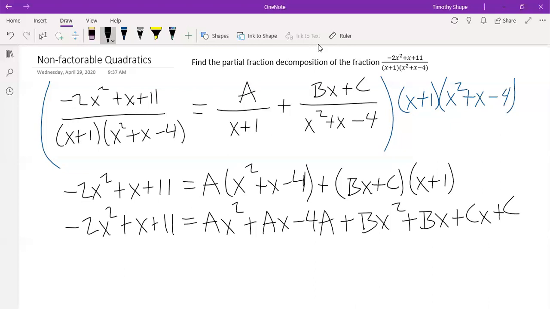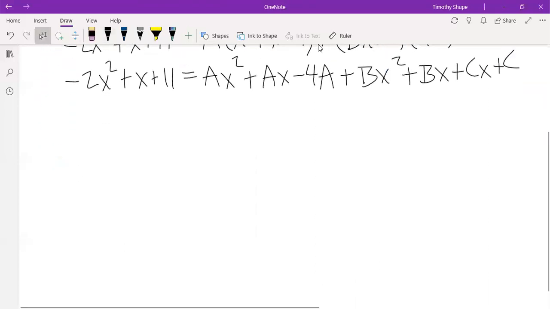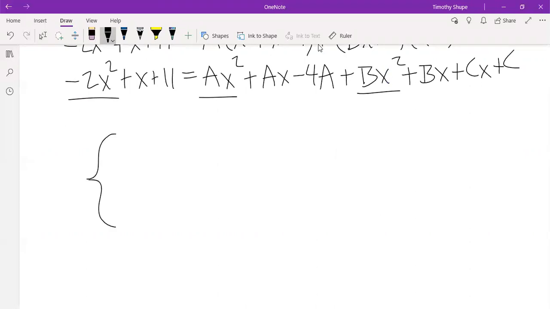So now I need to group my common terms together to try to create my system of equations. So I've got my x squared term on the left, I have an x squared here, and I have an x squared here. So the first part of my system of equations, I could say, is a plus b, the two coefficients of the x squared, need to add up to the coefficient on the left side, which was a negative 2. Secondly, I've got an x on the left side, an ax, a bx, and a cx on the right side.